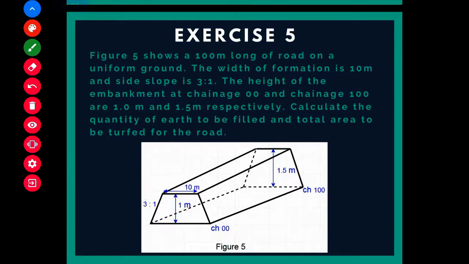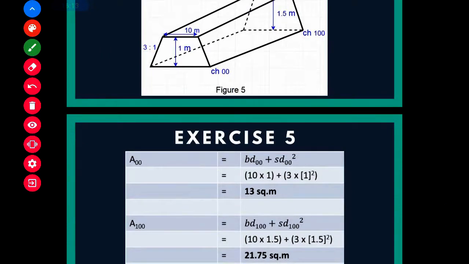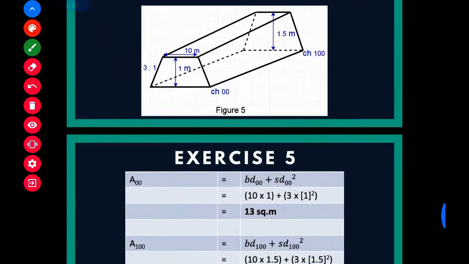Right, so we look at the solution. First, we are going to determine the volume to be filled. Because the surface area at chainage 00 will not be the same as the surface area at chainage 100, you need to determine the average surface area in order to determine the volume.